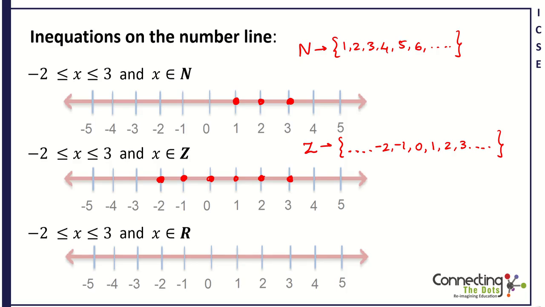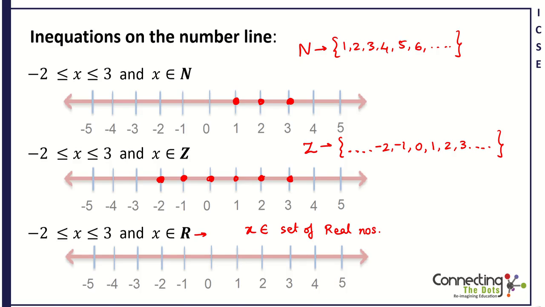Now what does this mean? This means that x belongs to the set of real numbers, which means integers, positive and negative. It means rational numbers and irrational numbers. It includes everything. So how do we represent that on this number line?